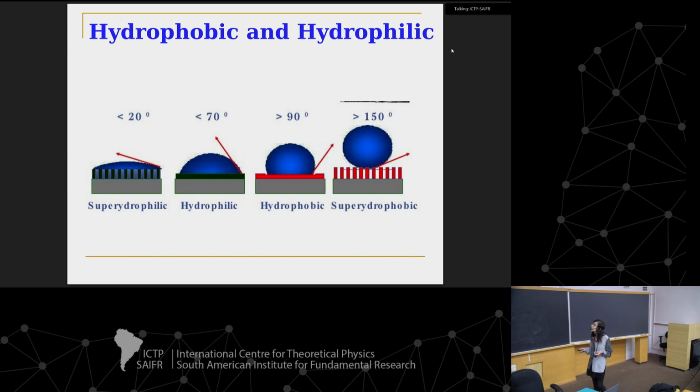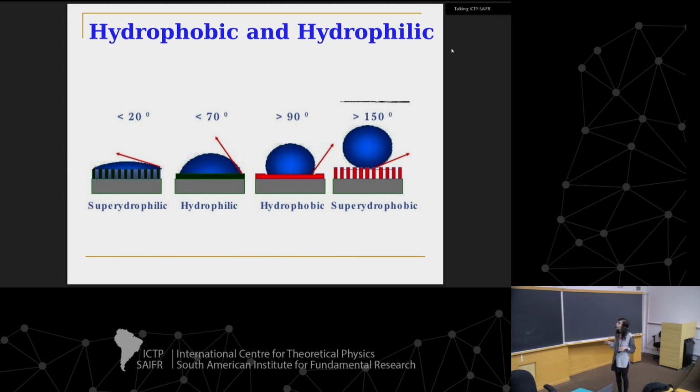Gustavo mentioned many times the hydrophobic and hydrophilic idea. For us, hydrophobic and hydrophilic will be related to the interactions with water. In nature, we have super hydrophilic materials that completely wet, then normal hydrophilic that wet a bit, and we are here defining by the contact angles water makes with these materials, but then you have hydrophobics when you have angles higher than 90 degrees and super hydrophobic materials.